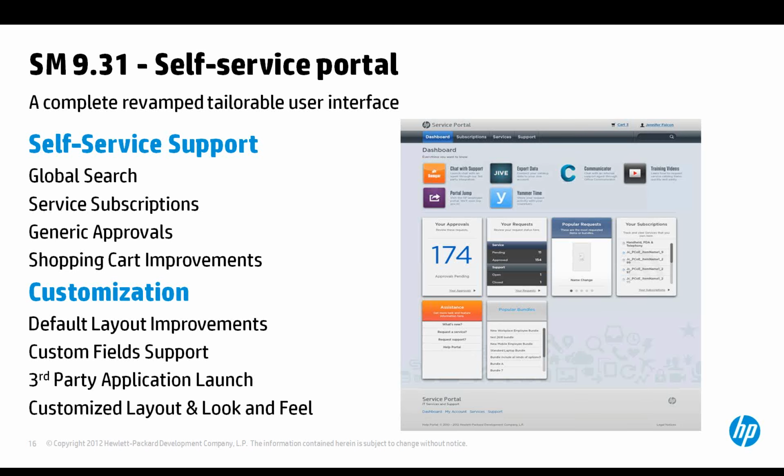So for the Self-Service Portal, and you'll see that in the demonstration, there are two improvements that we brought. One is, functionally speaking, we added a lot of functionality. So I'm putting here the global search. Now the user can search and get results across all the service offerings, and also the knowledge.